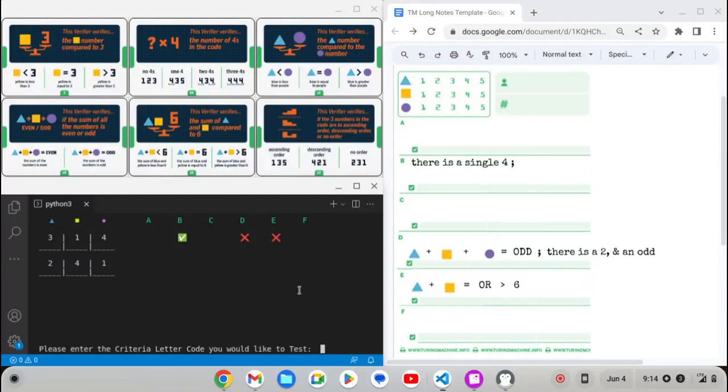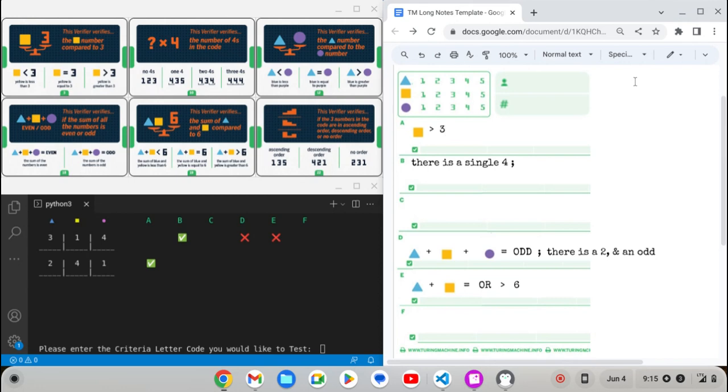So let me go ahead and test criteria card A. Okay, so yes, since my value in my proposal is 4 and the Turing Machine approves, that means yes, square has to be greater than 3 for criteria card A. So let me go ahead and put that in my notes, that square is greater than 3.